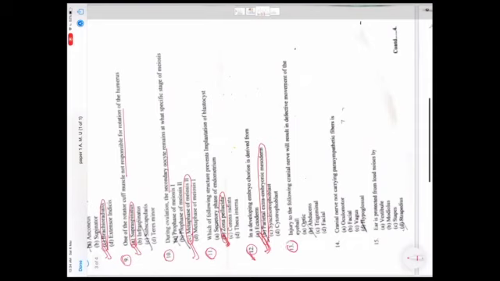Question number 13. Injury to the following cranial nerve will result in defective movement of the eyeball: optic nerve, abducent nerve, trigeminal nerve, facial nerve.